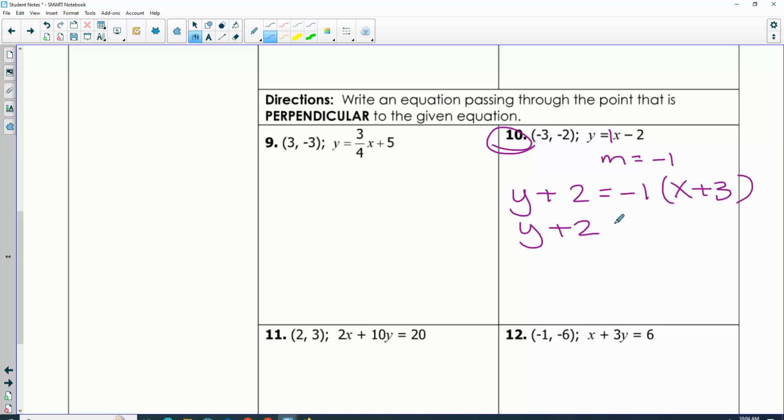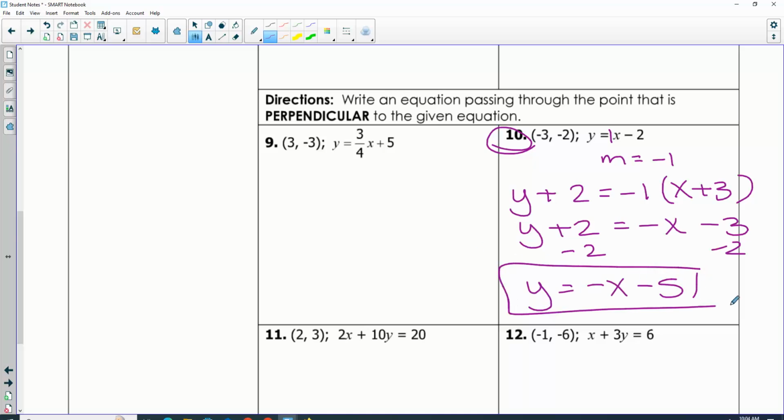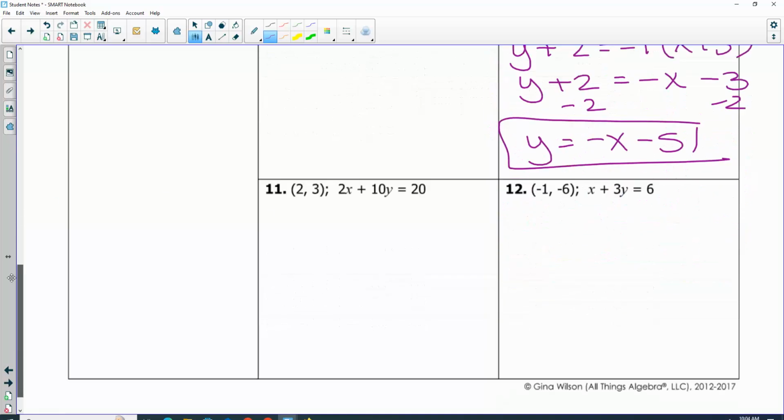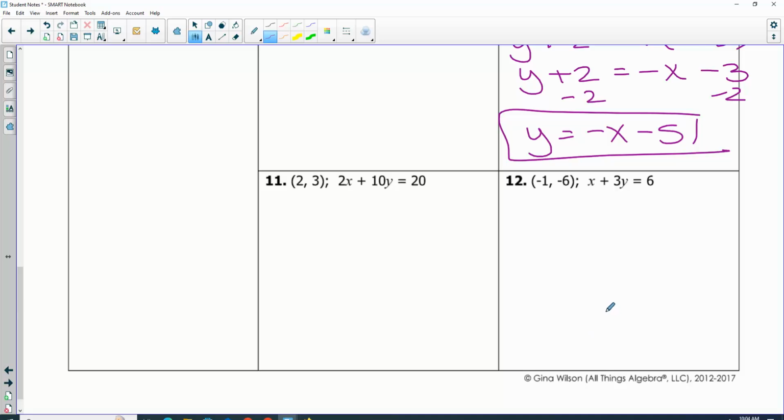So y plus 2 equals negative x minus 3. Subtract over the 2. So negative x minus 5. Alright, we did pretty well. Let's try one more, and if everybody gets it right, then I will stop. Let's do problem 12.